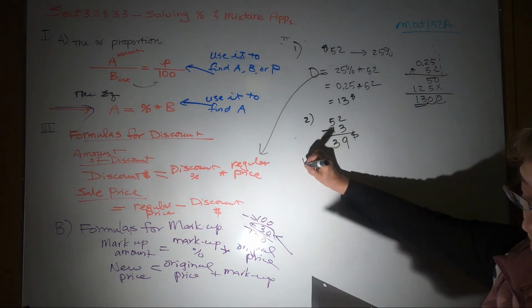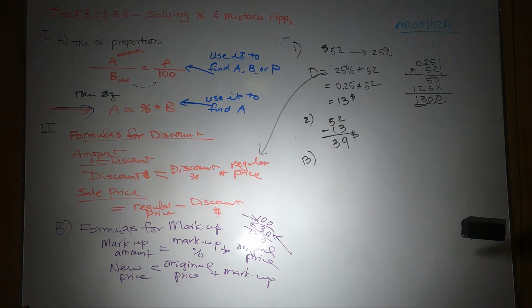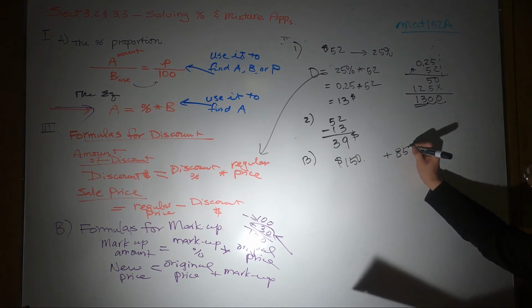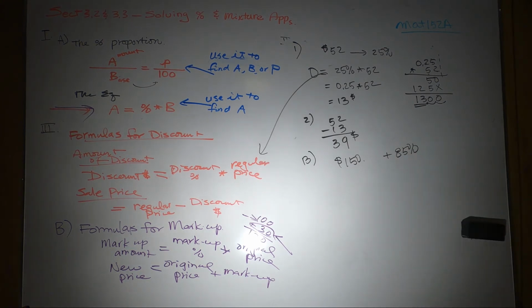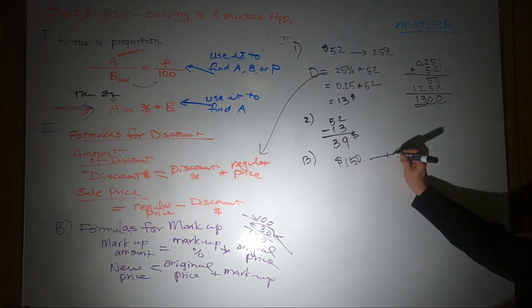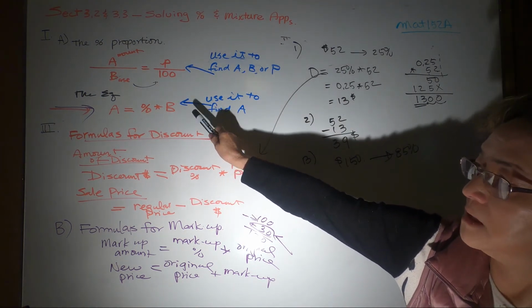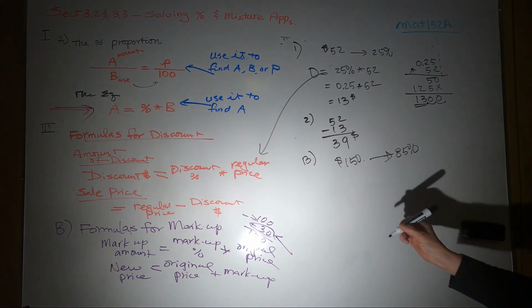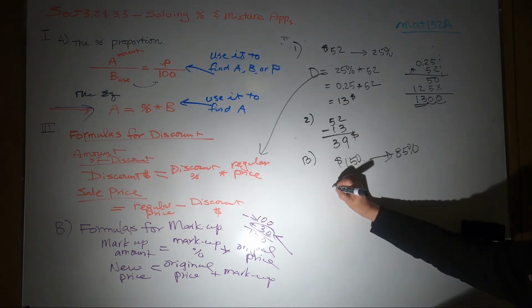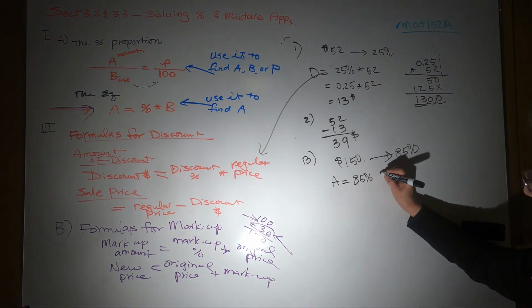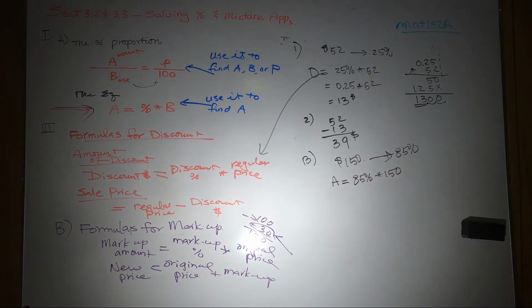So if they purchase an item for $150, and they want to mark up 85%, what's the sale price? We have to find the markup price first by using this formula: amount equals percent times B. A equals your percentage times your total base.